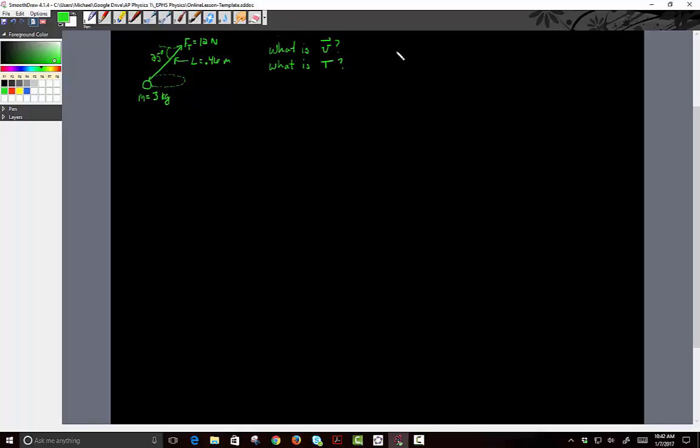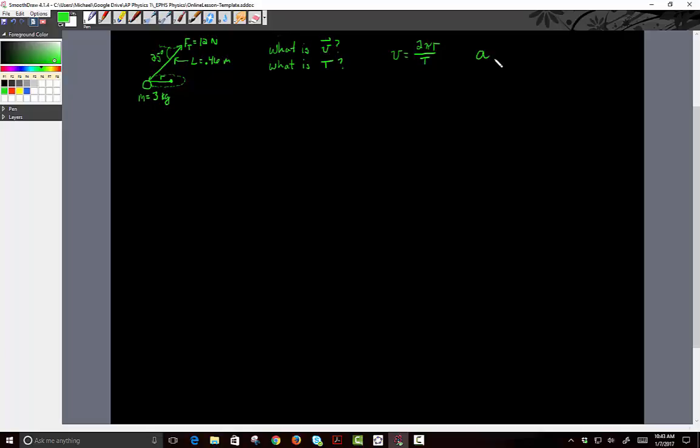We could say the velocity is going to be 2 pi r divided by T. Well, I can't do that because, first off, I don't know the radius. The radius would be this part right here. My picture is kind of messed up, but we don't know the radius and we don't know the period, so I can't find the velocity straight from kinematics.